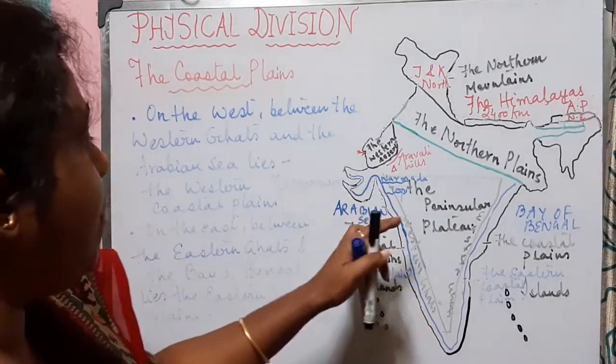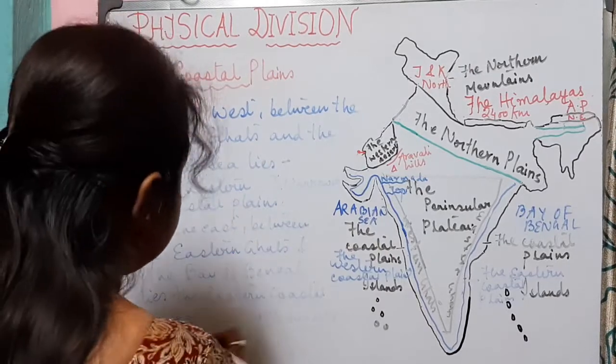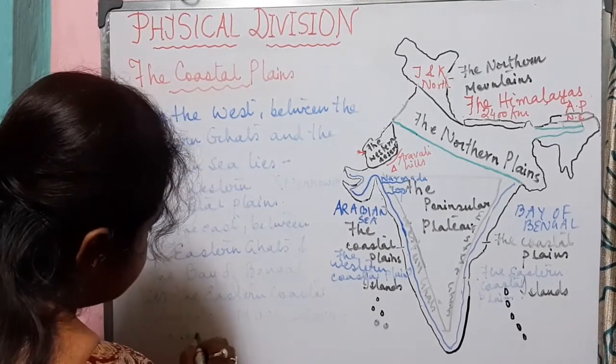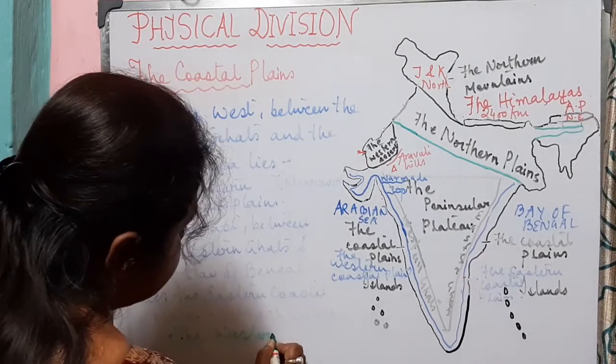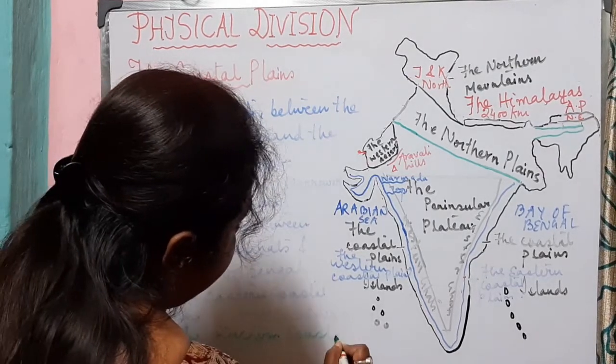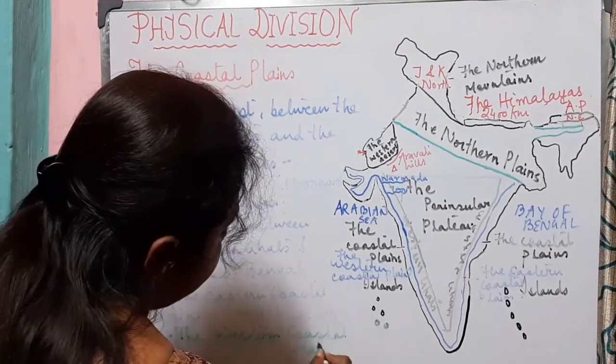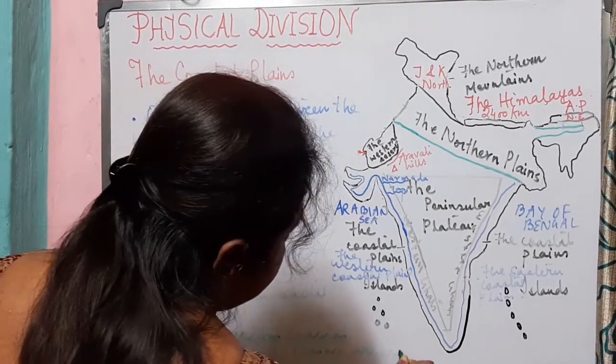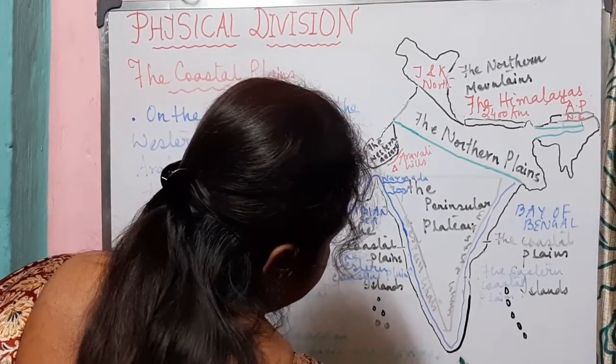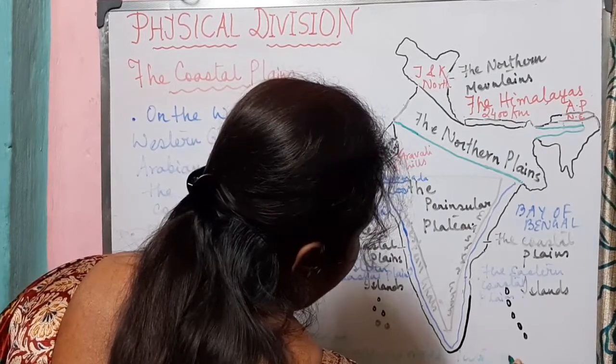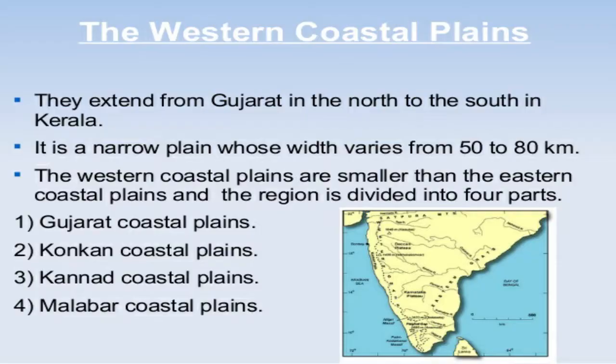Now if we talk about the division of the western coastal plains, we will see that the western coastal plains are divided into four main parts. What are those?